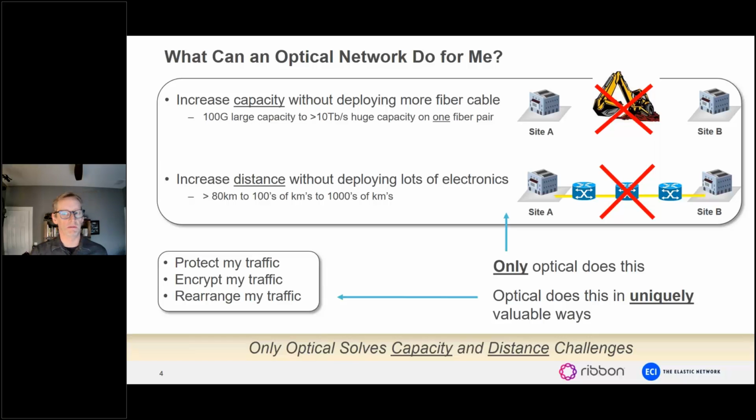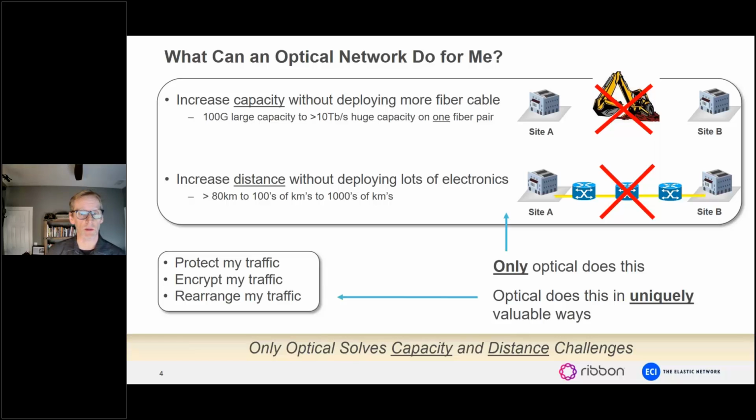There are a couple of very fundamental networking problems that really only optical networking does very well. The first thing is to increase capacity without deploying more fiber. If you're trying to connect site A and site B and you're out of fiber, deploying more fiber is a real pain. With DWDM, or optical networking equipment, you can increase that capacity without more fiber. You can go all the way up to greater than 10 terabits of capacity on a single fiber pair.